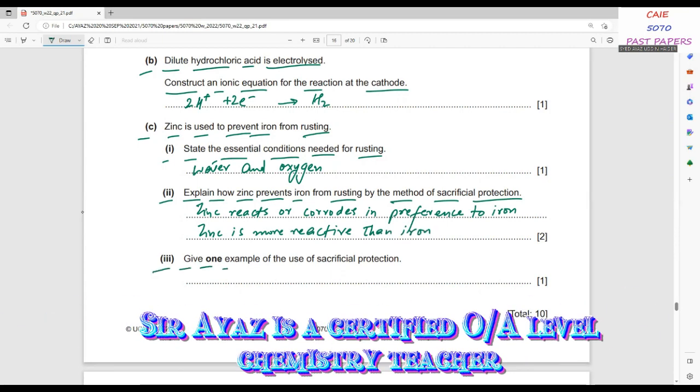Number 3, give one example of the use of sacrificial protection. They are asking about the uses or applications of sacrificial protection. Underground pipes will be stopped from corrosion. So you can write: stops underground pipes from corrosion.